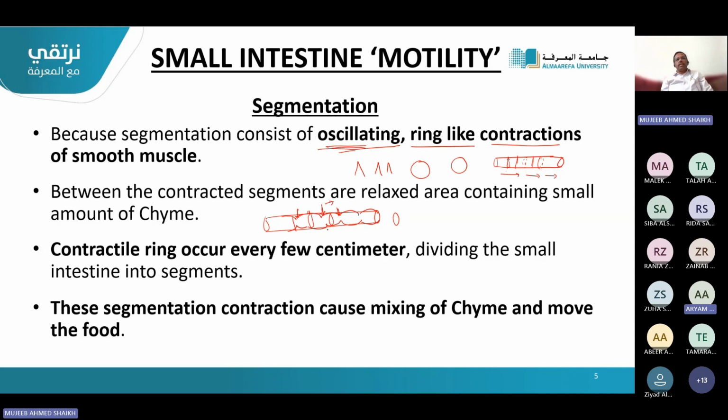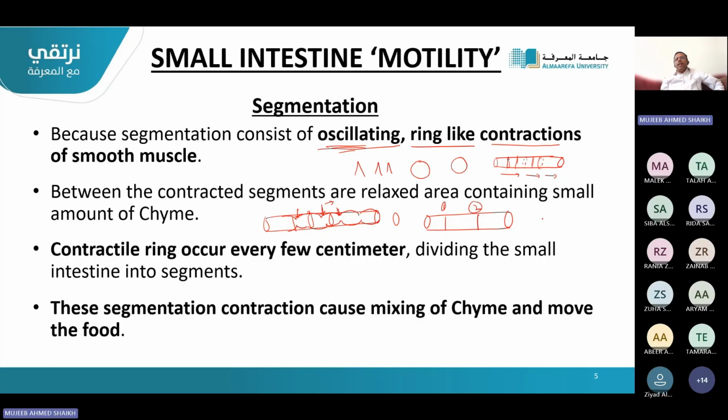Doctor, are they contracting at the same time? Yes, a few millimeters, they are contracting at the same time. Let's say this is the first stage. They are contracting here, number one, number two.